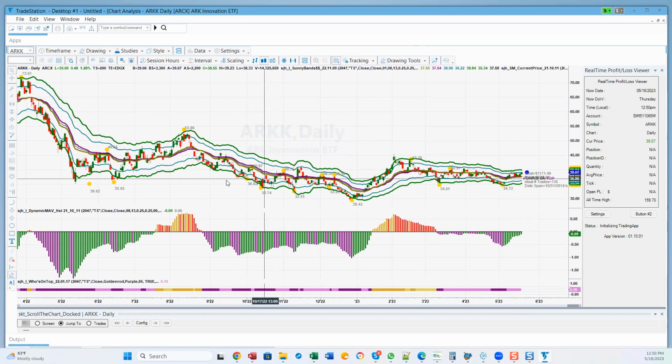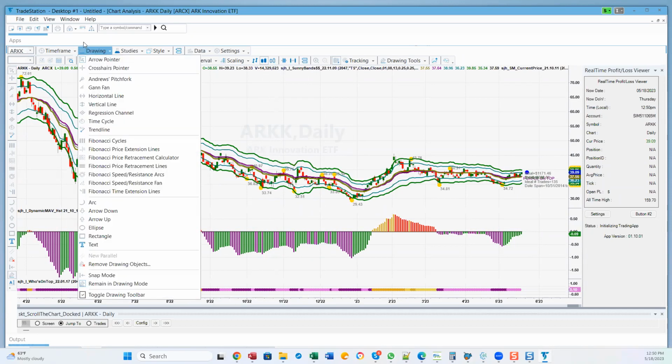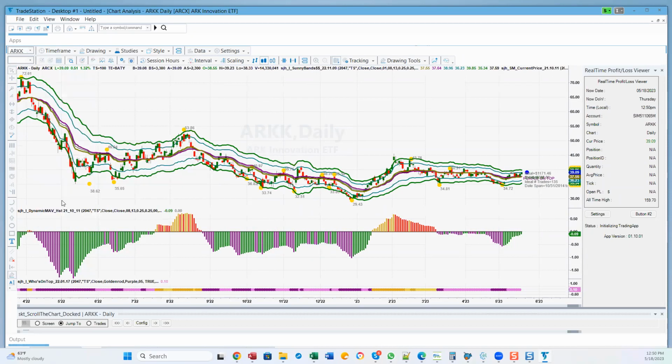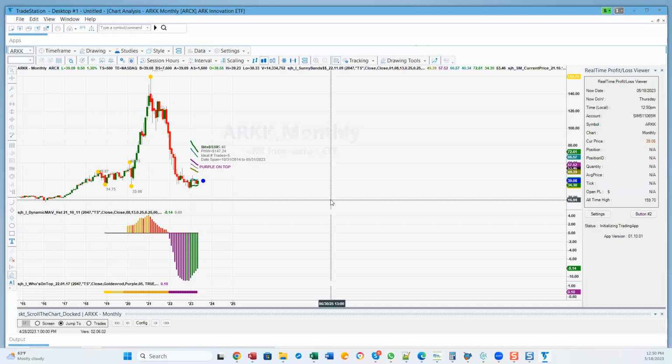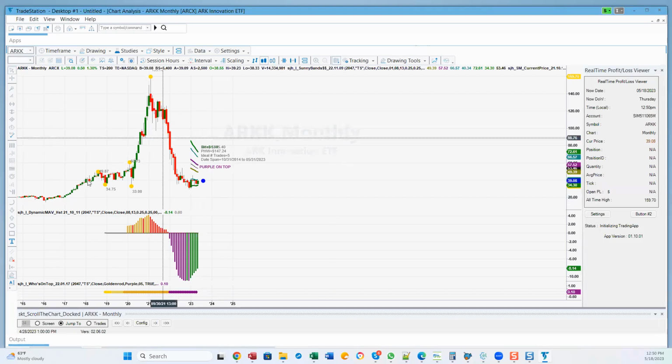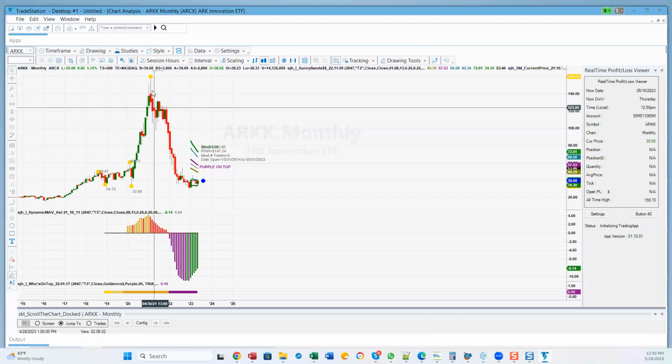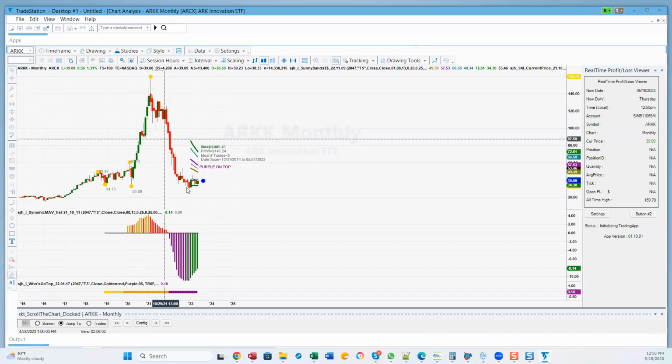So you can see, this is a daily chart of her fund. Let's look at the monthly chart to see how bad this has gotten. This is one of the ones I analyzed in The Sunny Side of the Street. Look at that. It went skyrocketing up and straight back down to that level.